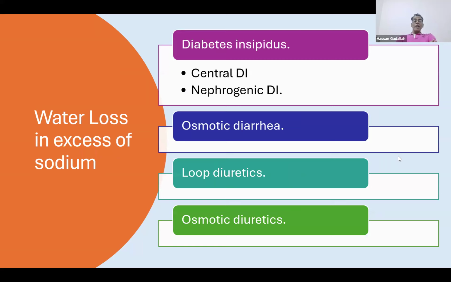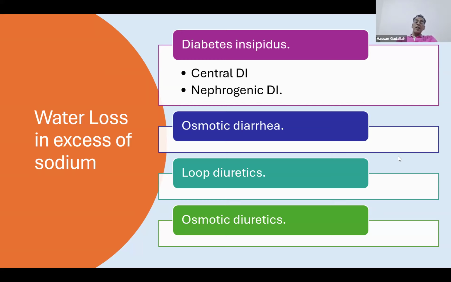The biggest example is diabetes insipidus, and as we know, we have two types of diabetes insipidus: central diabetes insipidus, which is related to either lack of secretion of antidiuretic hormone due to disease or destruction of the hypothalamo-pituitary axis, or sometimes it's due to mutation in the genes expressing the ADH hormone.